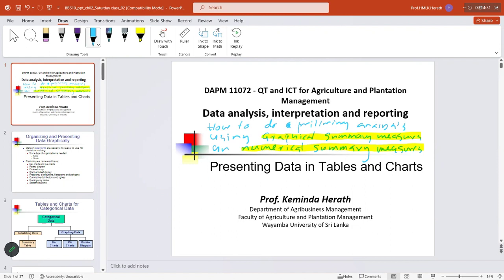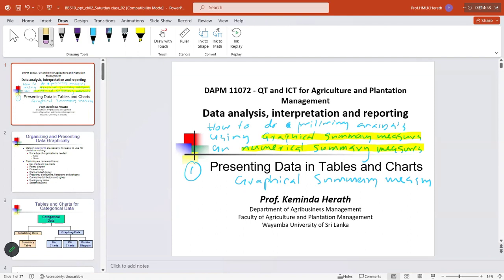And first we talk about presenting data in tables and charts. This is the first thing.